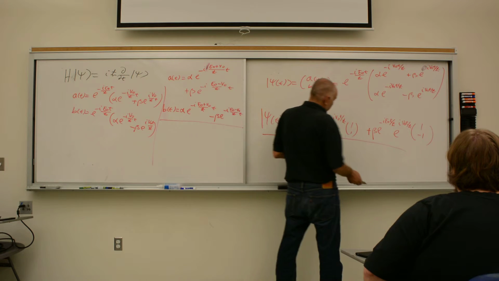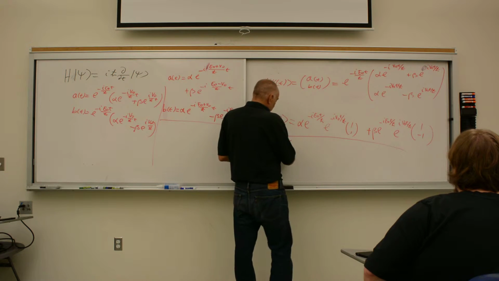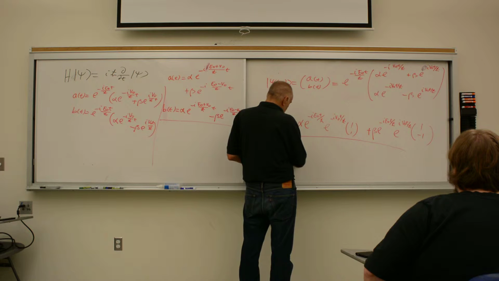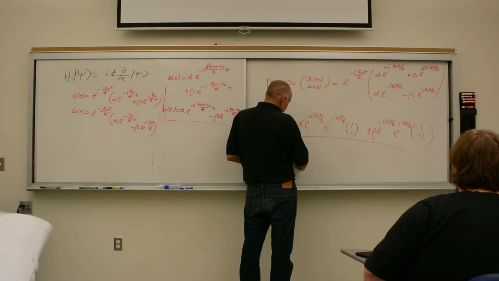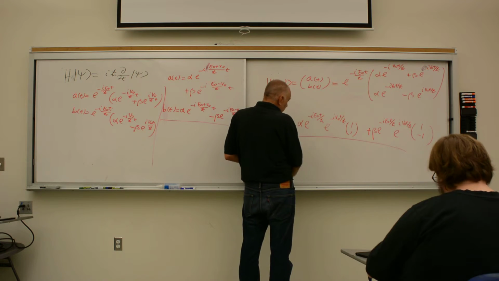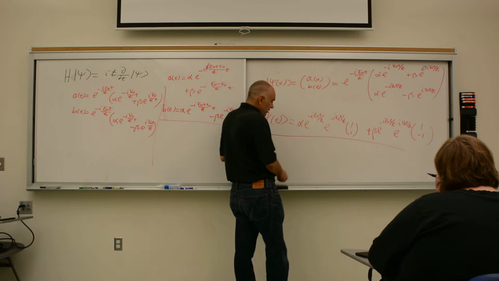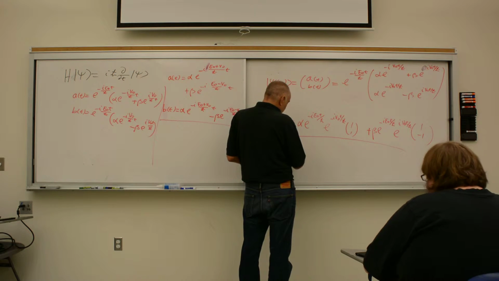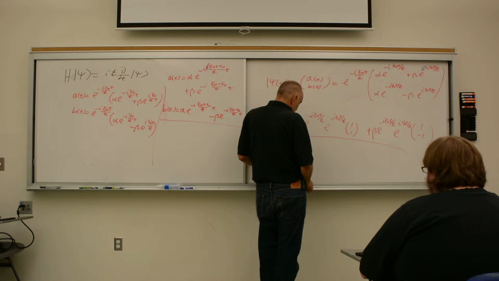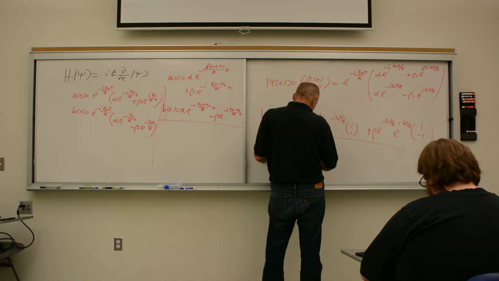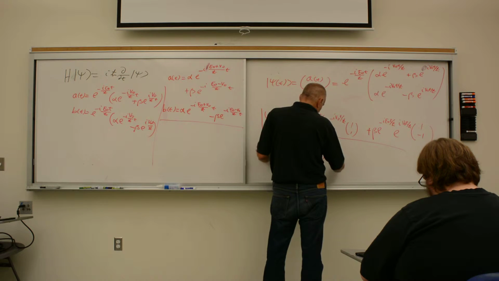And now you have your choice. If you want to express this state in terms of the z basis, this 1, 1 is what? Is 1, 0 plus 0, 1.